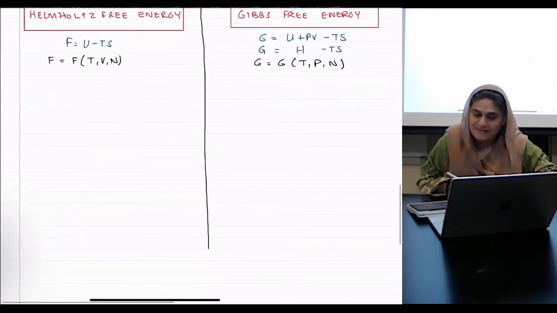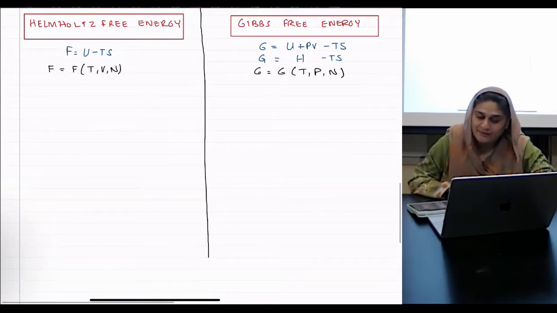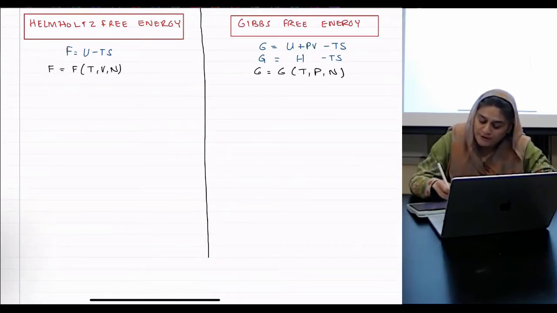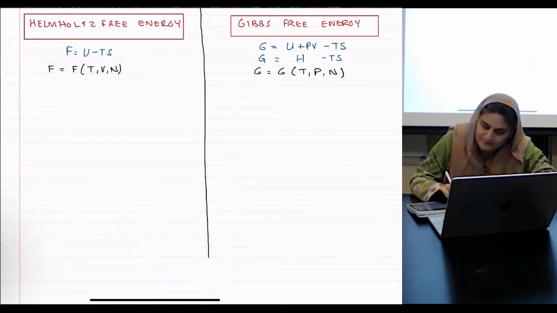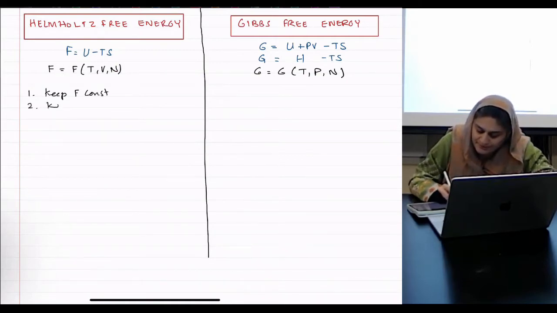So let's start at this step. I'm going to do Helmholtz free energy first. So the 3 steps I'm going to use: Step 1, keep F constant. Step 2, keep T constant. And step 3, keep N constant.